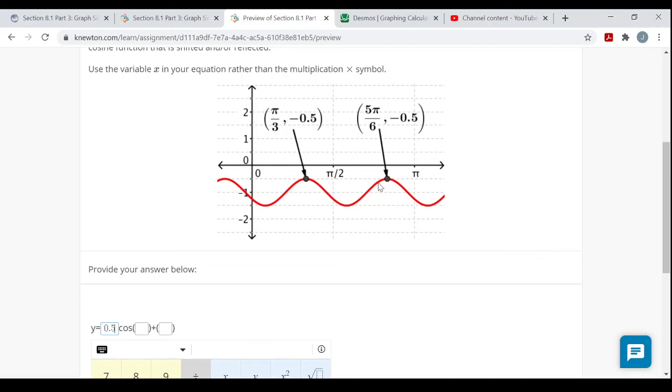All right, the period, you're going from π/3 to 5π/6 for this cycle. That's 2π/6 to 5π/6. That's π/2 again, meaning that the value of b would have to be 4, just like last time. So I'd have 4 times the quantity x minus, and then where is this starting? π/3, right?